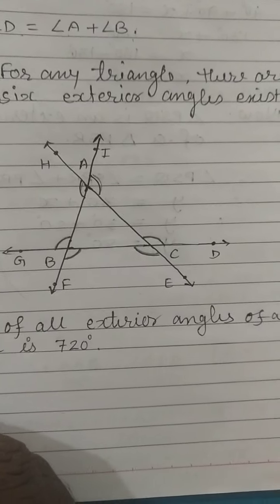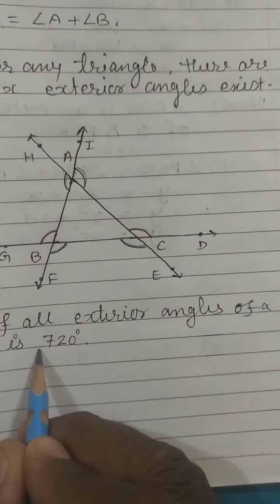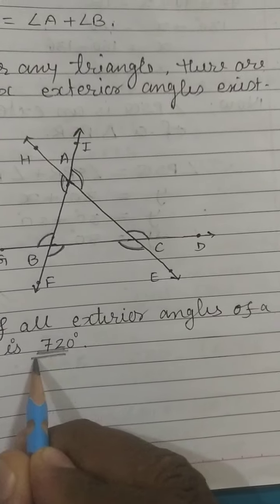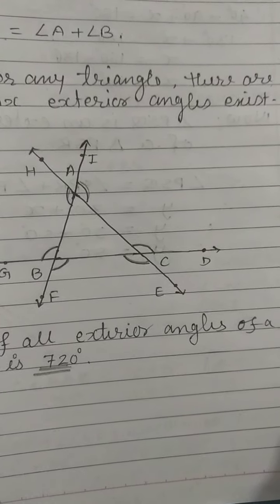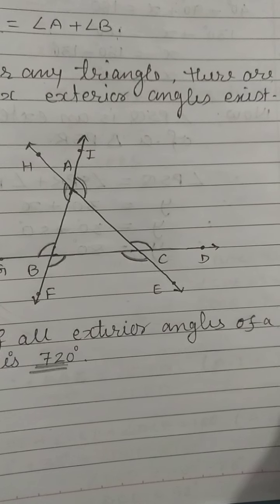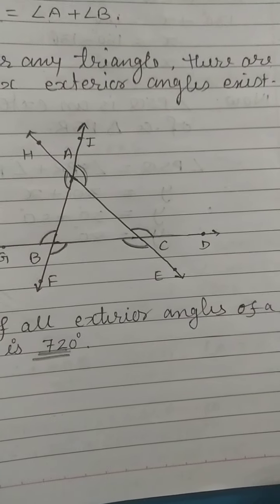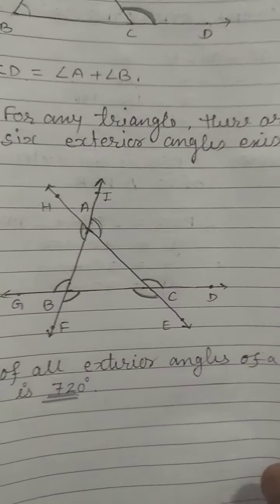And remember that the sum of all exterior angles of a triangle is 720 degrees. Remember this also: the exterior angles sum is 720 degrees.